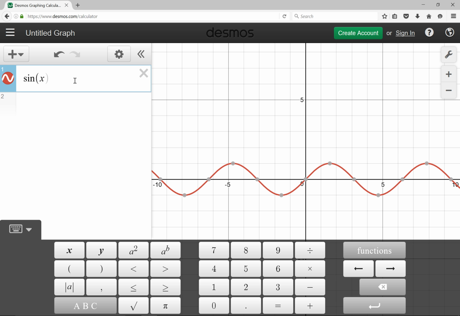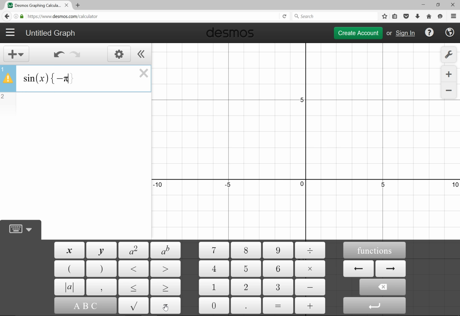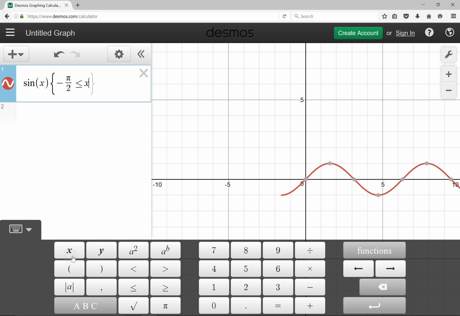You can use squiggly brackets, and then go negative pi divided by 2 less than x less than pi divided by 2. There's my function that I have chopped, truncated, if you will.